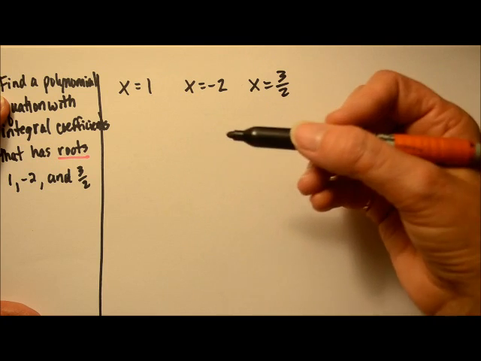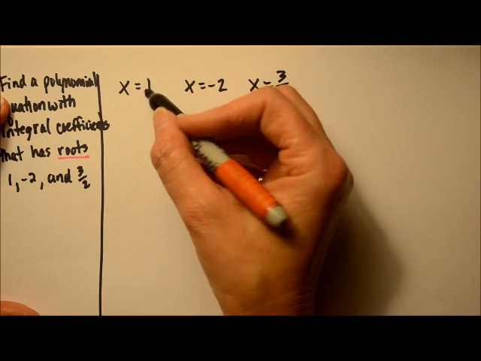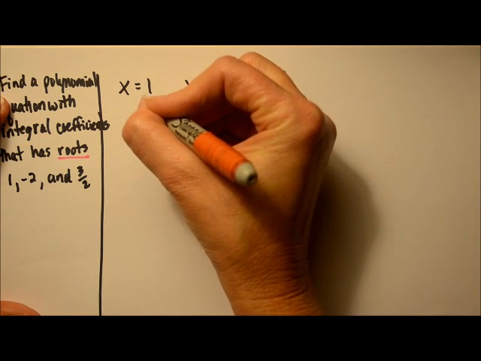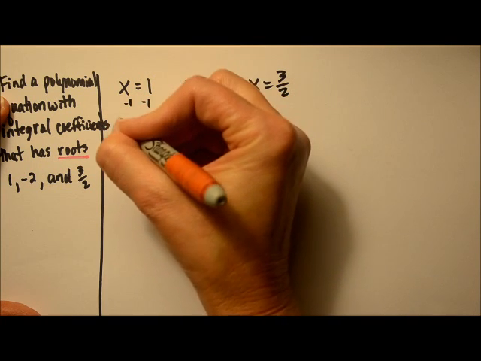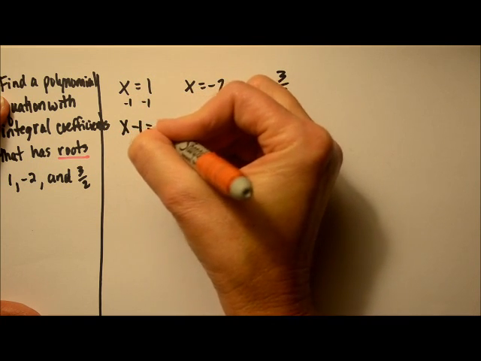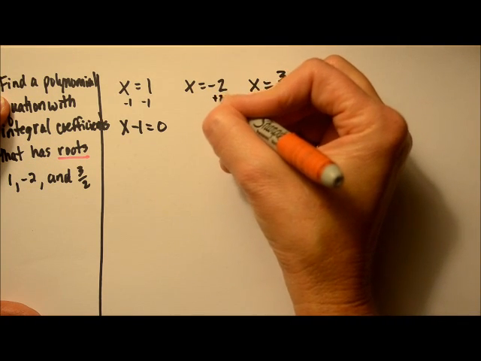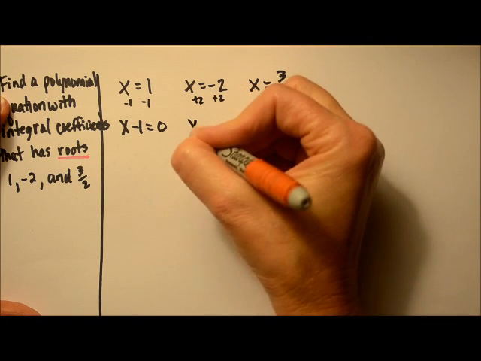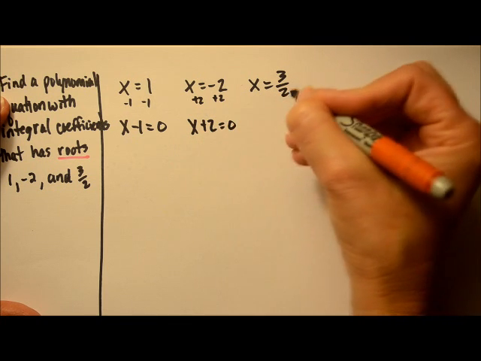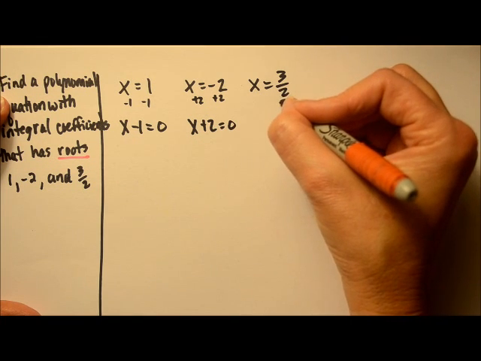But I'm just going to go backward, right? So x equals 1. Going backward, I would subtract 1 from both sides. I'd have x minus 1 equals 0. Okay, so that's working backward. Here I would add 2 to both sides. I have x plus 2 equals 0. And here I would subtract 3/2.